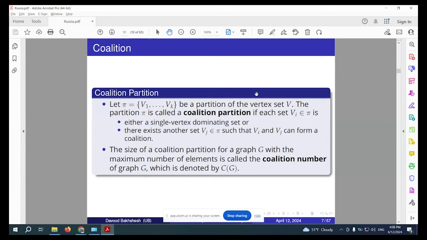Here, a single vertex dominating set is a vertex that dominates all of the vertices of the graph. The size of a coalition partition with the maximum cardinality is called the coalition number of the graph, denoted by C(G).